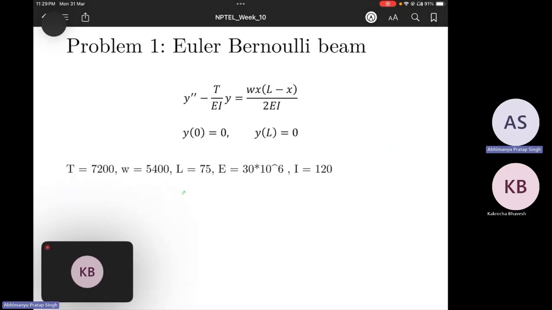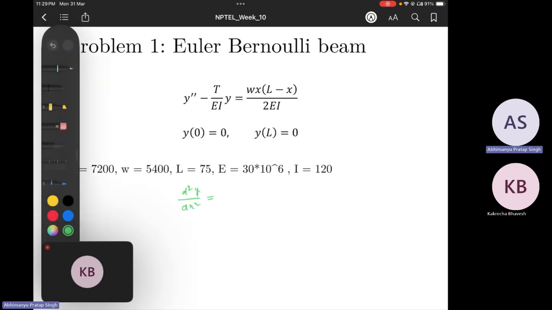So the problem is d squared y by dx squared minus T upon EI y is equal to w x (L minus x) upon 2EI.